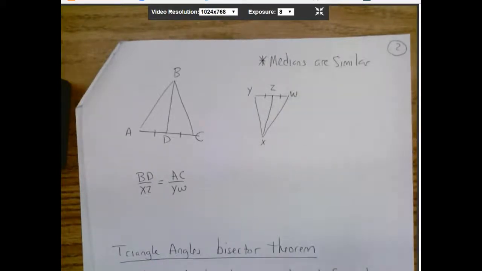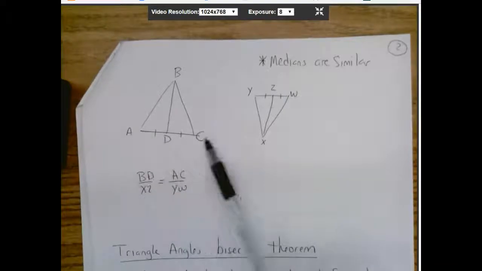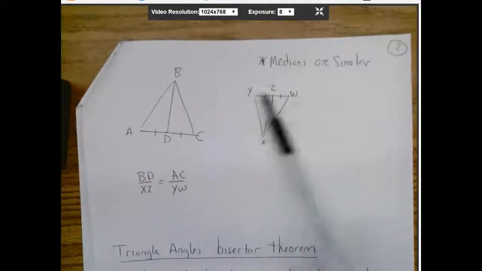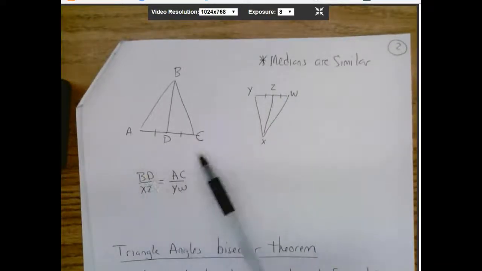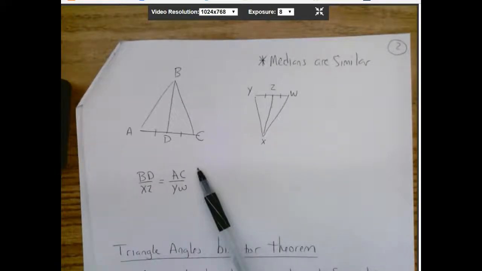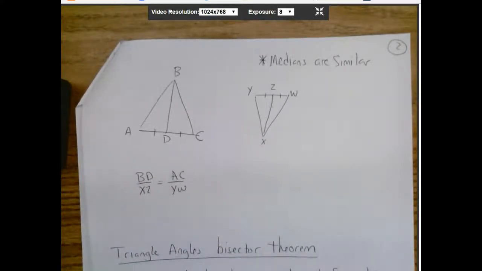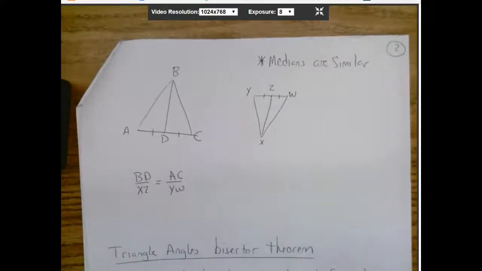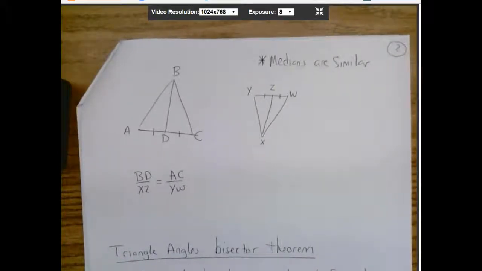Okay, so then we can use them. So BD and XZ have the same ratio as, like, if we did AC and YW. And we could use other sections as well. That's an example of how you can use a median as well. So altitudes, angle bisectors, and medians can also be used to determine whether triangles are similar.